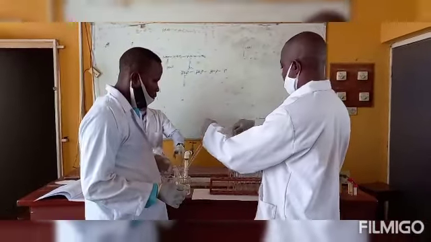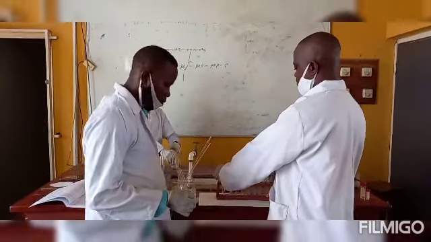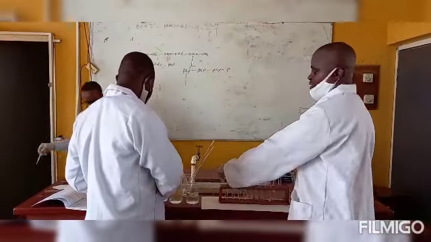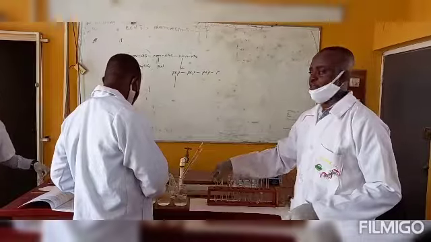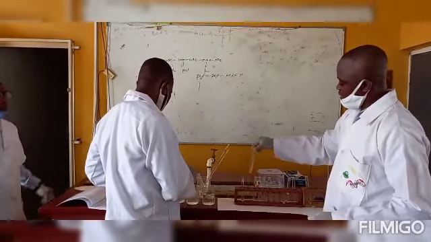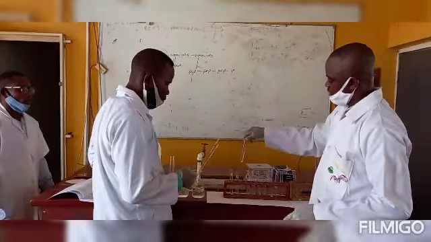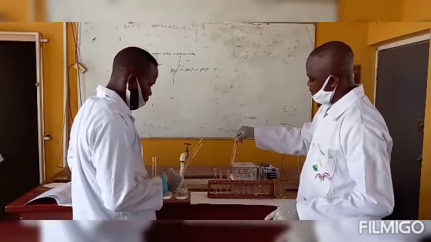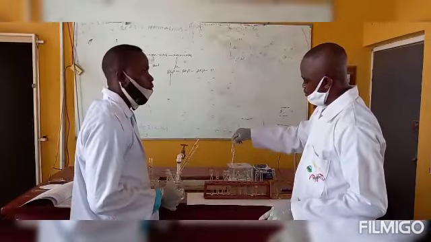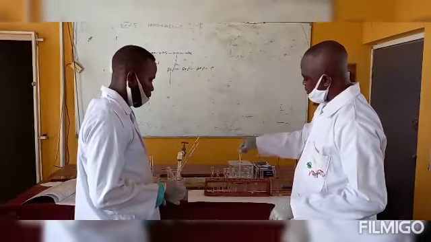After adding the three solutions together, that is the potassium dihydrogen phosphate, sodium hydroxide and water, you have to shake the content of each test tube properly, from test tube 1 to test tube 11.